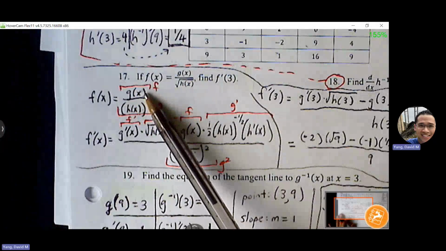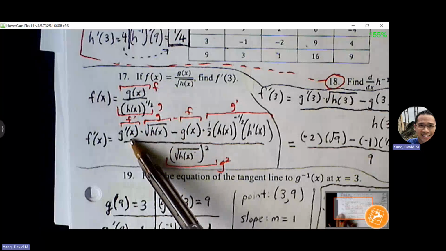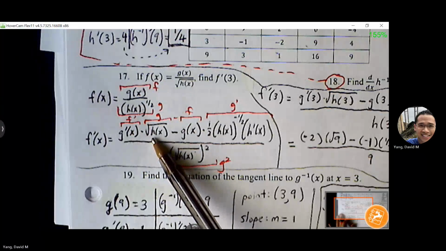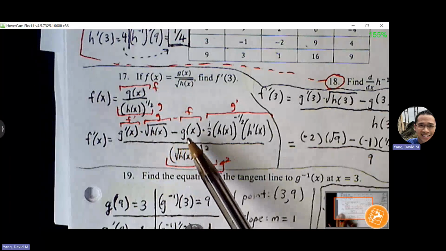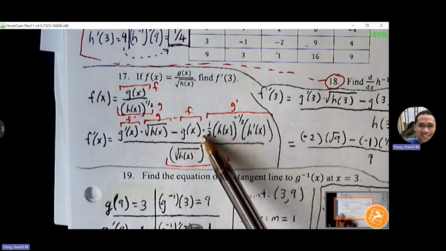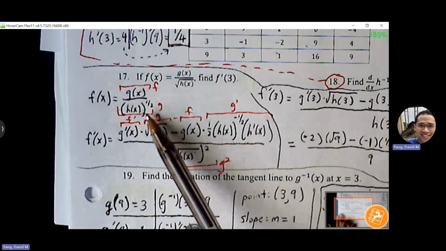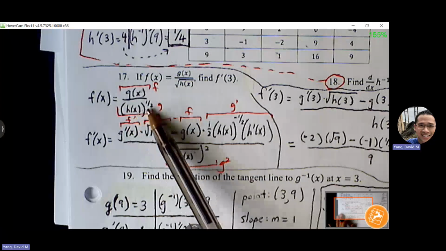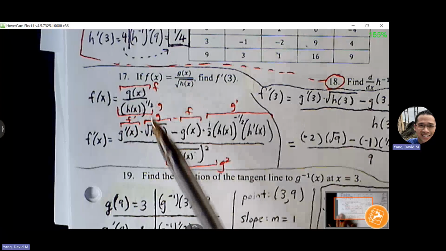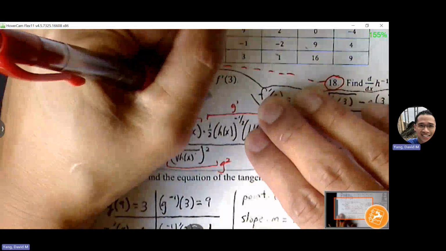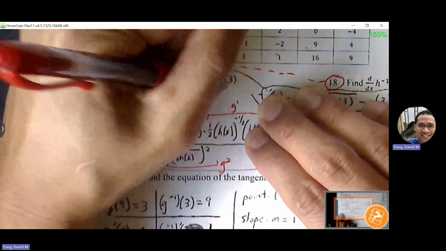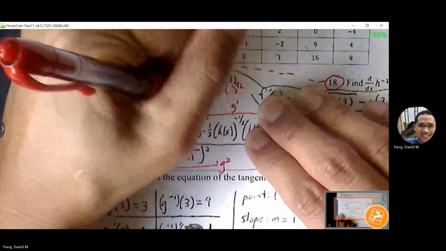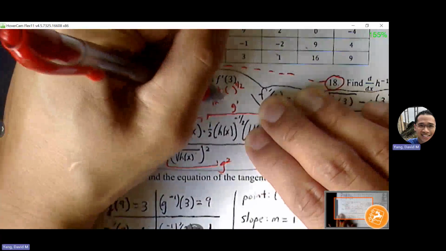So my f is g of x, so g prime times the original denominator, no changes, minus the original top, no changes, times the derivative of h of x to 1/2. Now this is a function within a function. I got to go through chain rule here. So there's an outside and inside portion happening here. The outside is the parentheses to the 1/2, and the inside is that h of x that you see there.